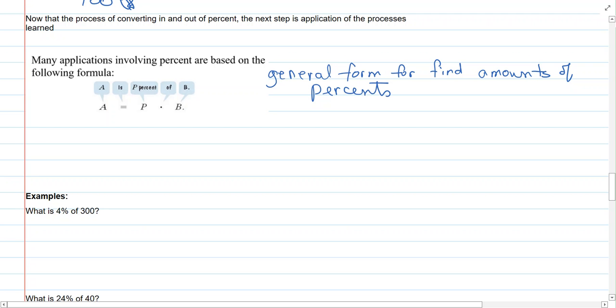So we're going to now talk about looking at a percent request and finding whatever they want us to find.